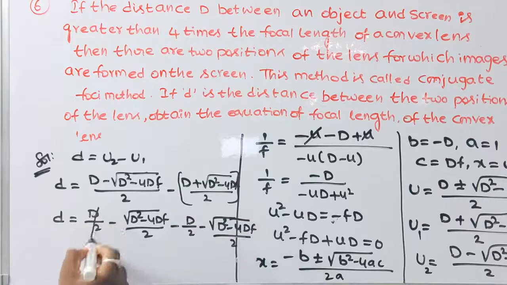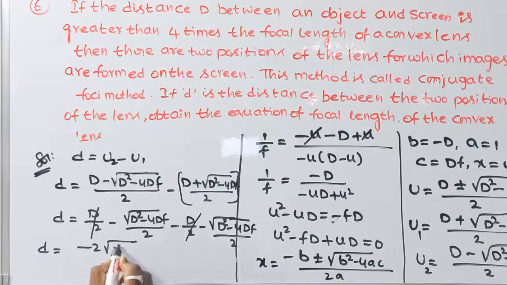The d by 2 terms cancel. So remaining d is equal to minus 2 into square root of d square minus 4df by 2. The 2 cancels. So remaining d is equal to minus square root of d square minus 4df.